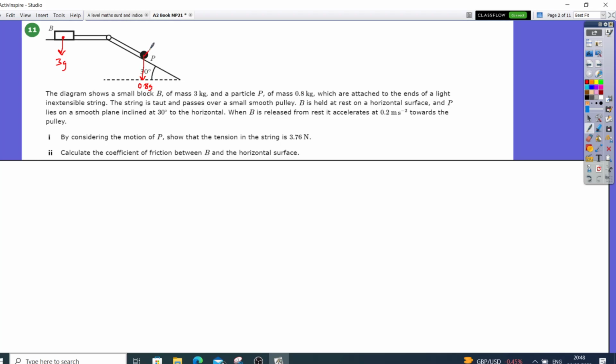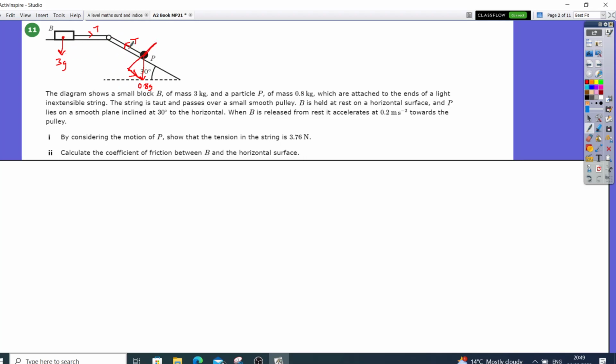If we draw this with the right angle here, there's the force coming down the slope. That's being dragged back by the tension, and because it's the same string, the tension is pulling that way too. Don't forget that's 30 degrees.